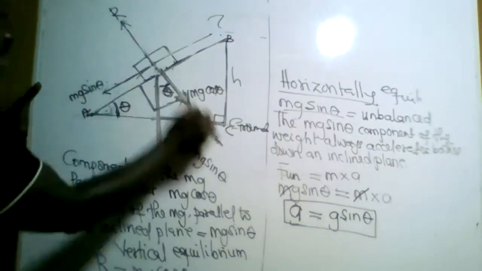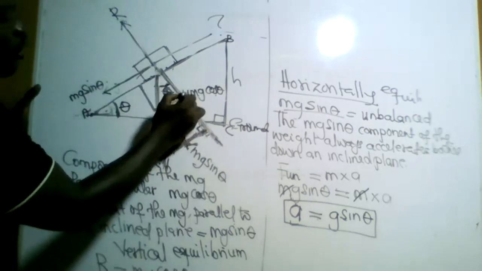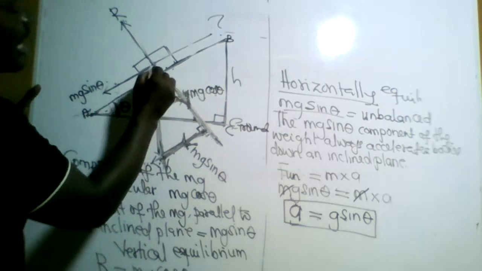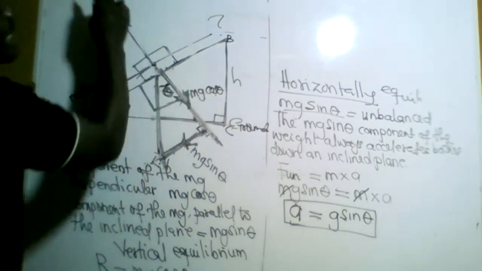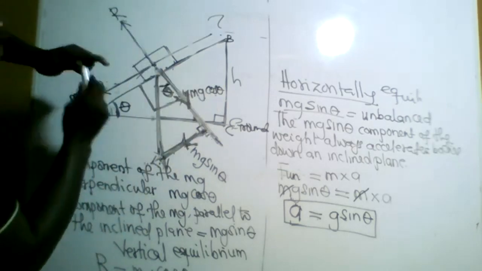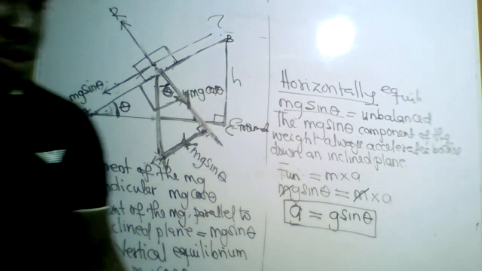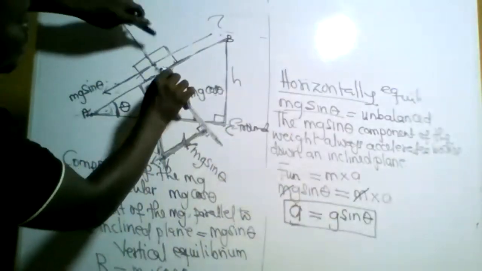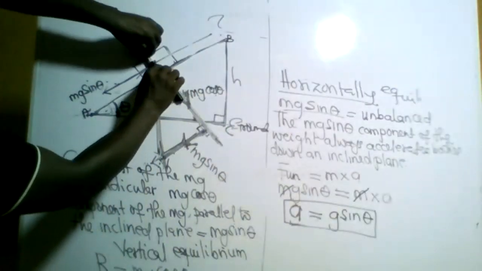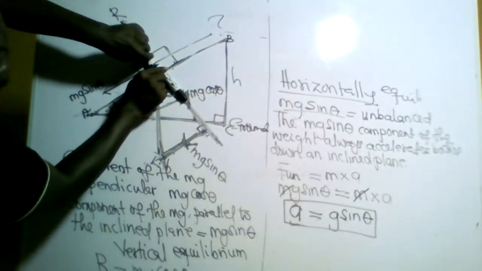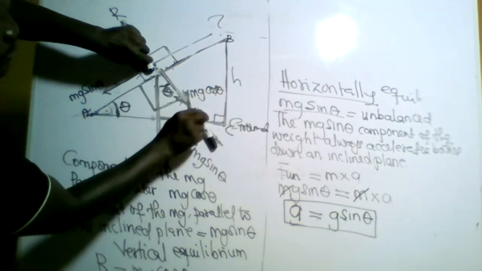When you look at vertical equilibrium, this component of the force, the weight mg cos theta, has its balancer. There's another force. Let me get something to illustrate this simply. You see, on the body, we have one force, mg cos theta, acting down the plane.